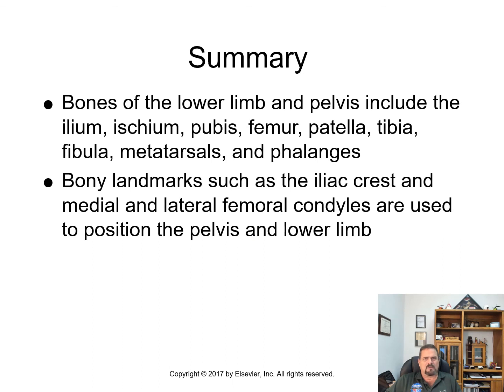All right, so in summary on this particular chapter, we covered the bones of the lower limb, pelvis, to include the ilium, the ischium, the pubis, the femur, the patella, the tibia, the fibula. We talked about the bony landmarks, such as the iliac crest and the medial and lateral femoral condyles, which we use to position the pelvis and the lower limbs.